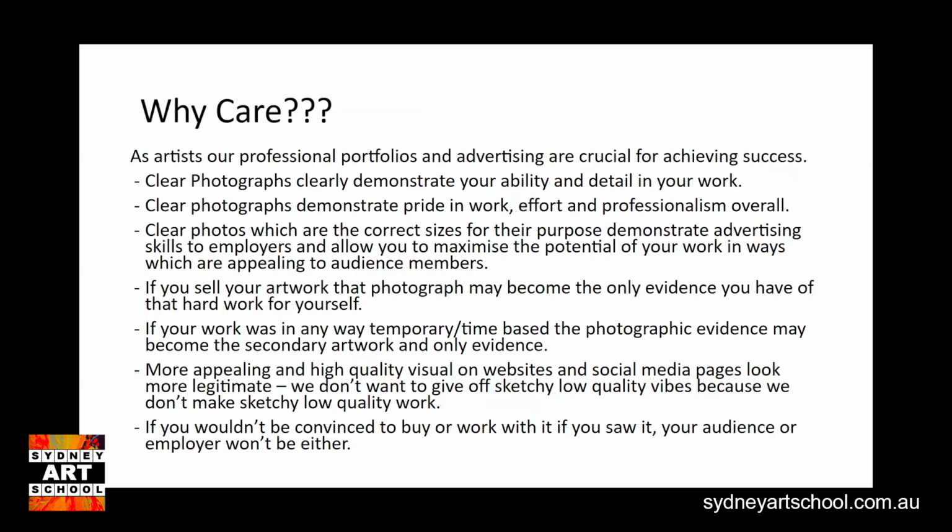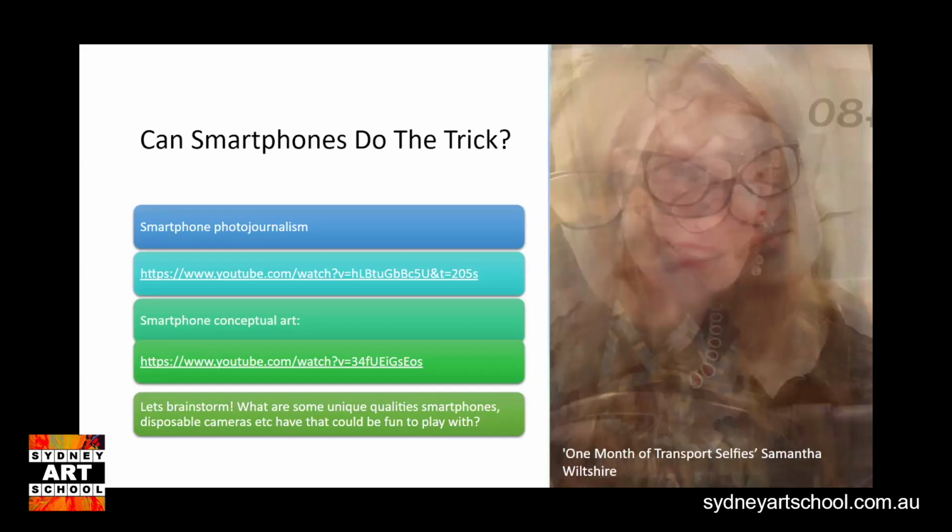A question that's going to come up pretty frequently, I think, is can smartphones do the job for us? I think it's certainly fair to say that the quality and accessibility of smartphones has increased dramatically over the last 5 to 10 years. When I first bought a DSLR camera, probably around 15 years ago, that camera was 15 megapixels.